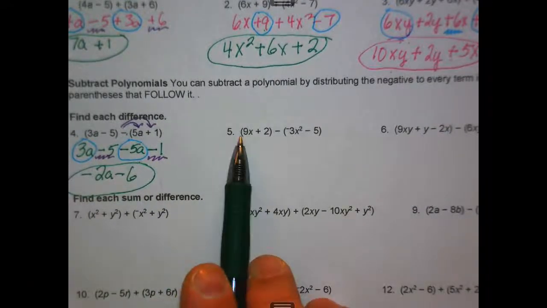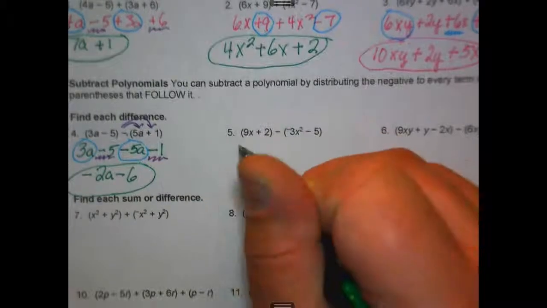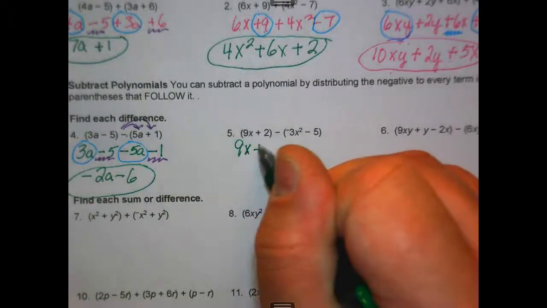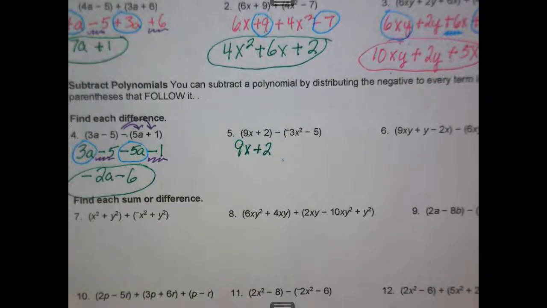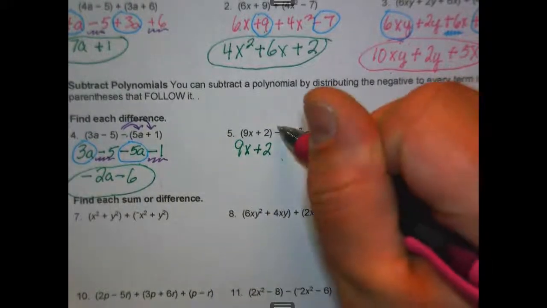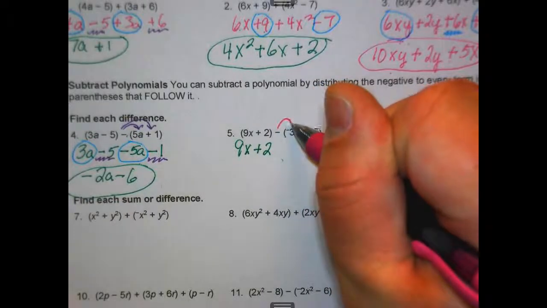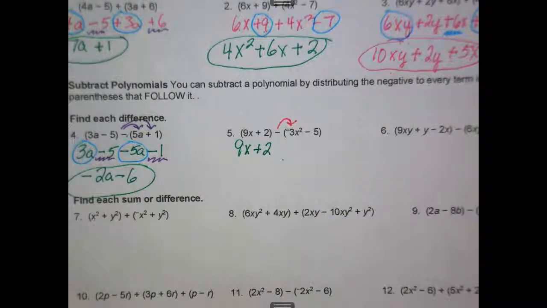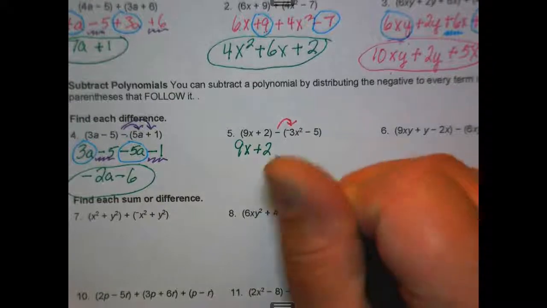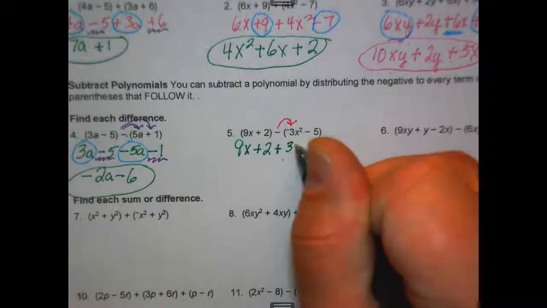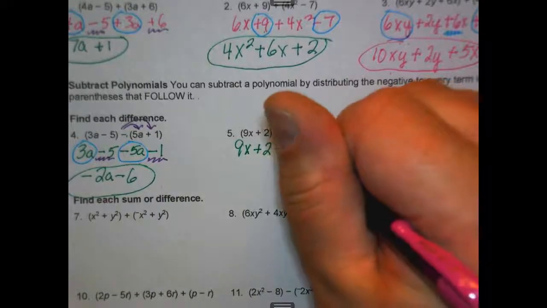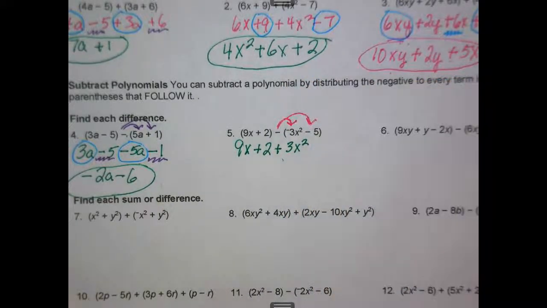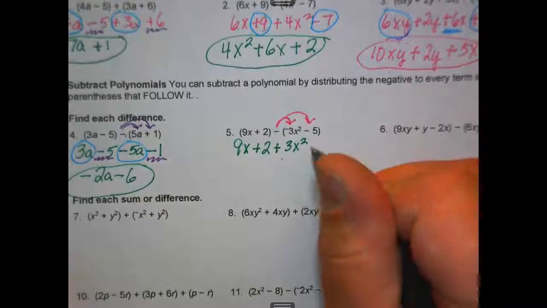Number 5. I have a positive sign in front of the first quantity, so I'm just going to drop the parentheses. I have a negative sign in front of the second set, so I have to distribute. Negative 1 times negative 3x squared, positive 3x squared. Negative 1 times negative 5, positive 5.